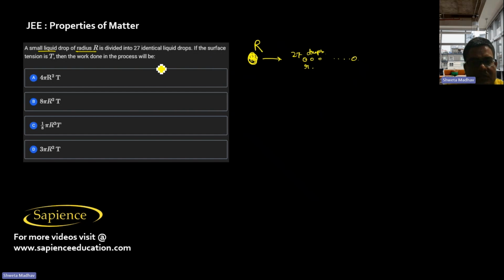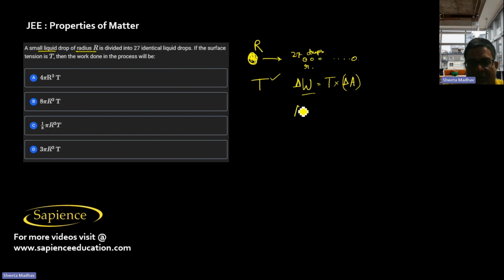So if the surface tension is T, then the work done in the process will be? So work done is equal to the surface tension into the change in the surface area. T delta A is equal to delta W.